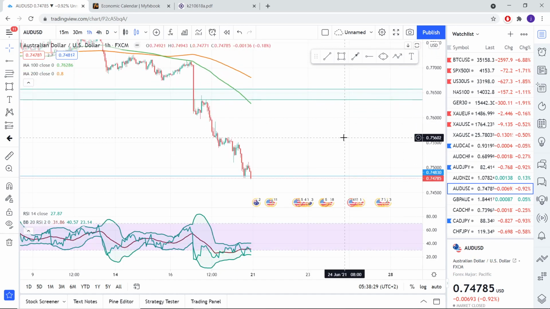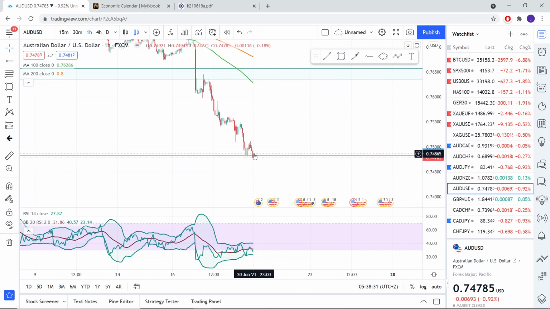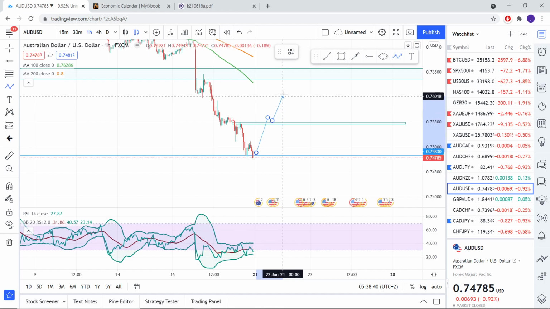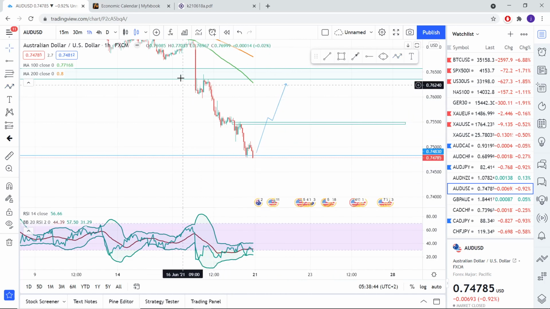Going down to 1 hour to see this more clearly. Yeah, so if we could see some bullishness, maybe a next push past this area here for a better setup to probably long this back into the area here before the initial fall, right? So this could be a possible trade.